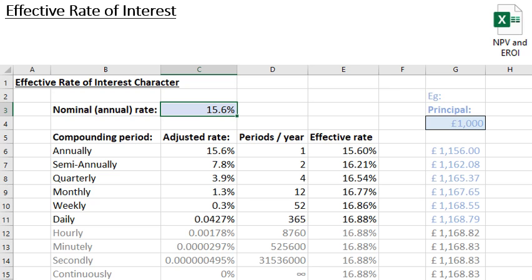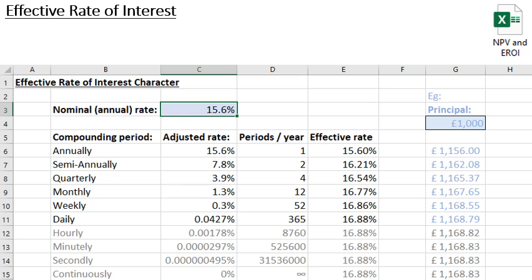We've got 15.6% in here, just like the example before. And you can see what happens if you compound at different lengths. The key idea here is that you have a smaller interest rate applied, but you have it applied more frequently. And the overall effect is that you get slightly more money if you apply the interest more often. The effective rate is essentially the interest rate that additional compounding represents.